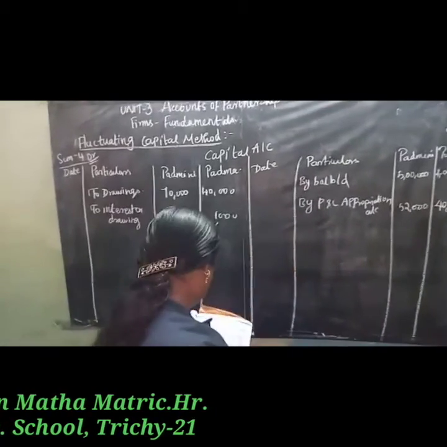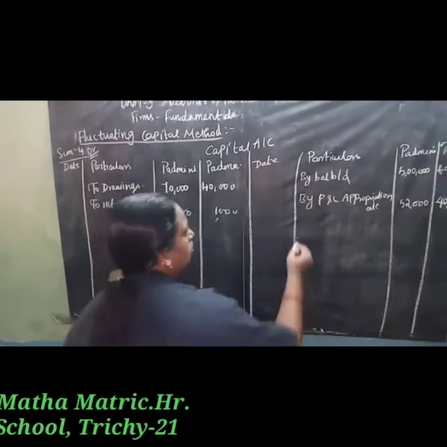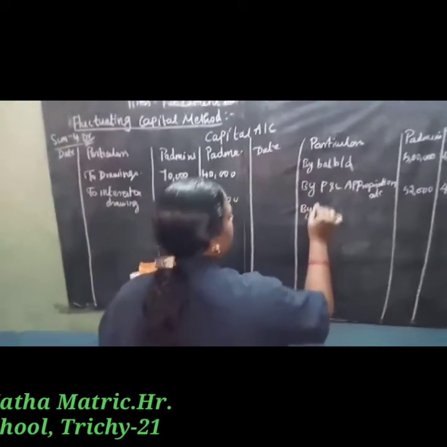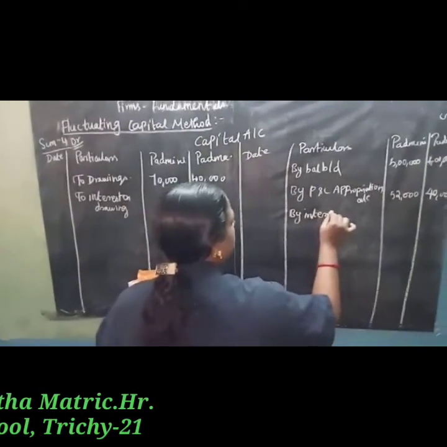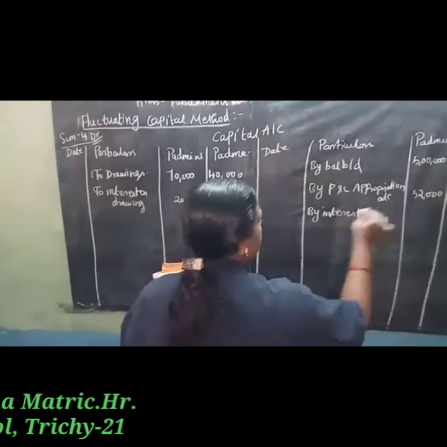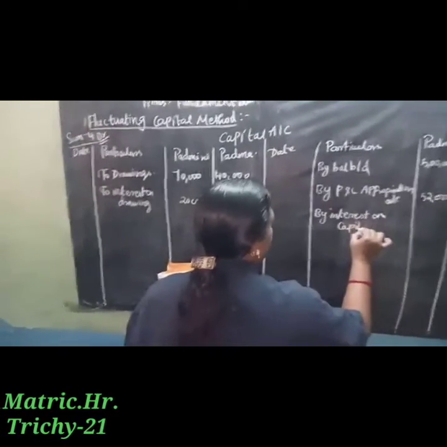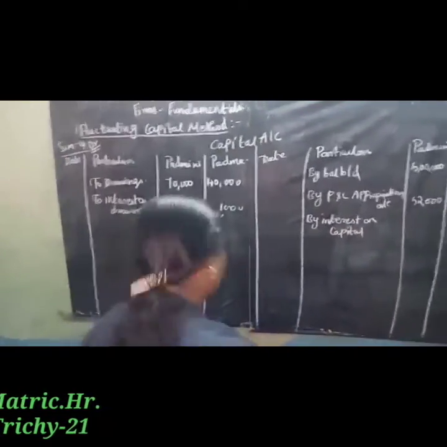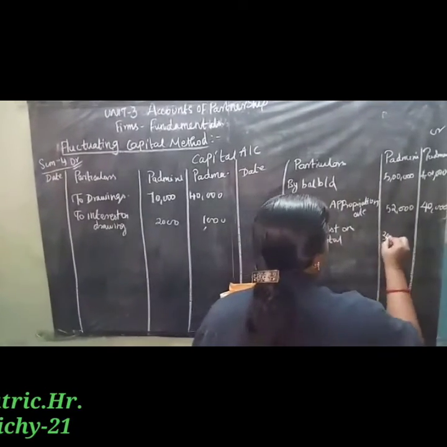Then next, by interest on capital, 30,000 and 24,000.